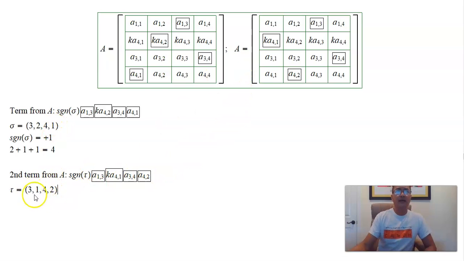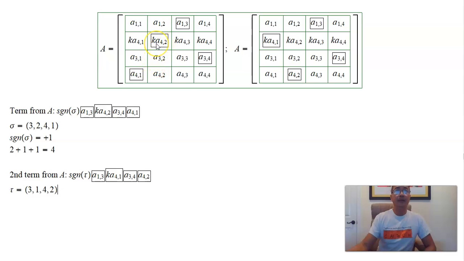Why are some the same and one different? I kept the A13. I kept the A34. So therefore, the 3 and the 4 there are the same. But this time, I swapped.